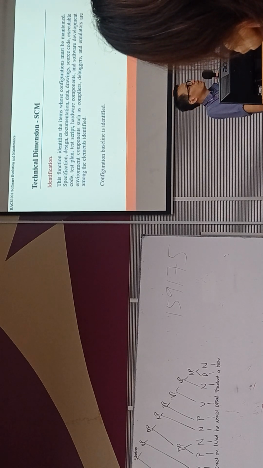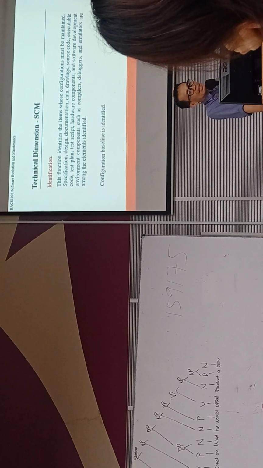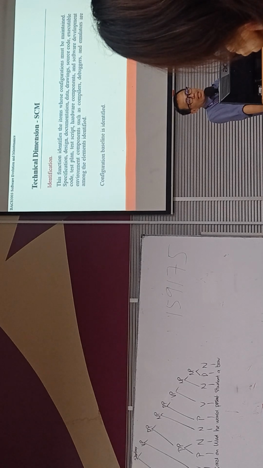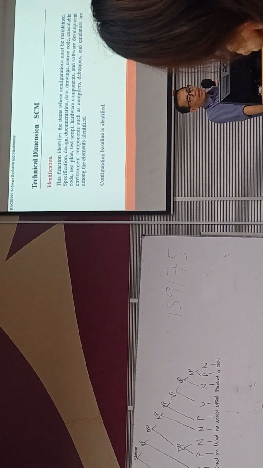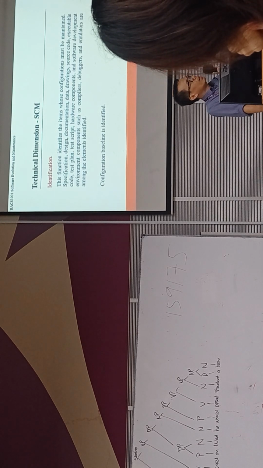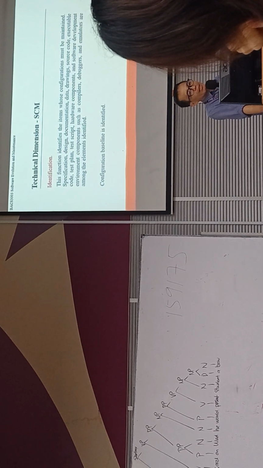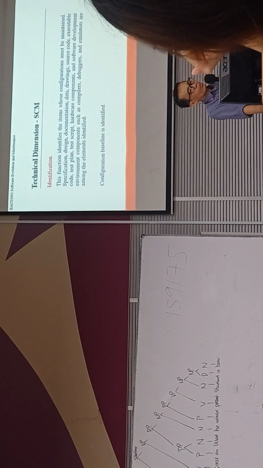For example, requirement specification, design data, any diagram, source code, executable code, tools, test script, test plan, hardware, software, anything, understand? Inclusive of the compilers, interpreters, emulators, and so on.